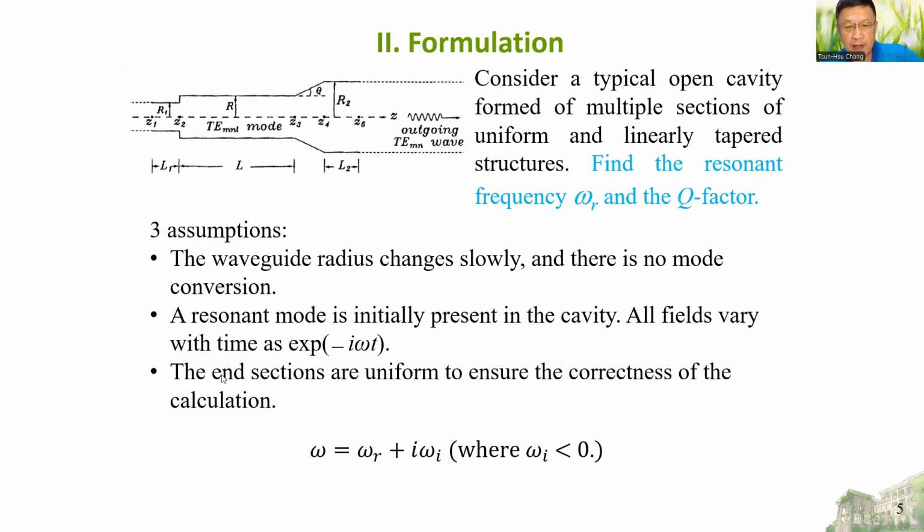The end sections are uniform, the left section and right section, to ensure the correctness of the calculation. Uniform is much easier to deal with for this section. And I will show you these 3 assumptions will have exceptions.